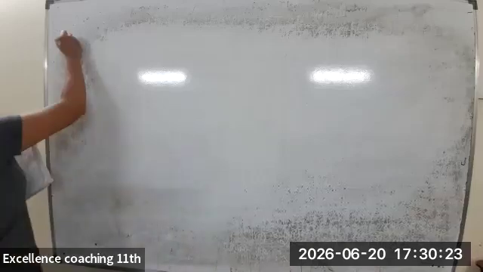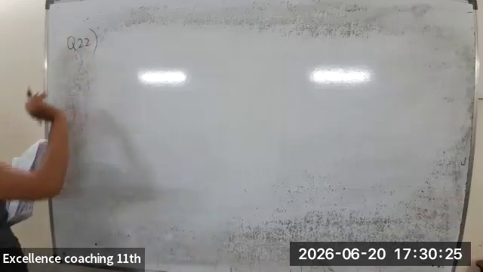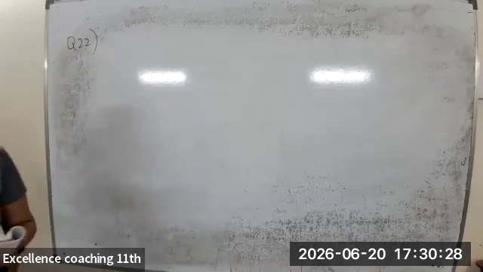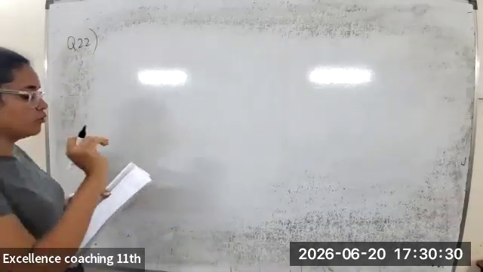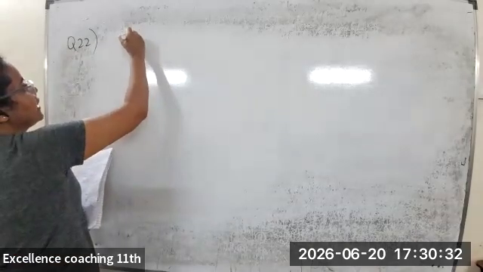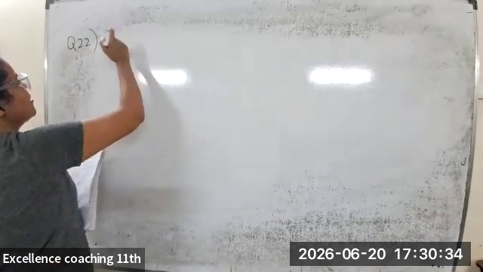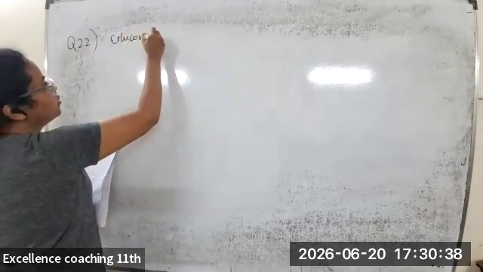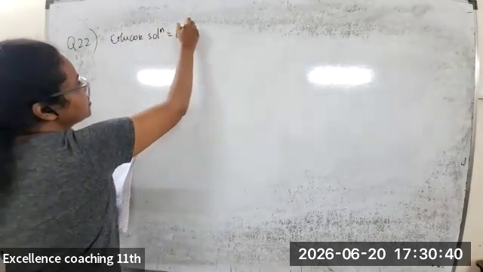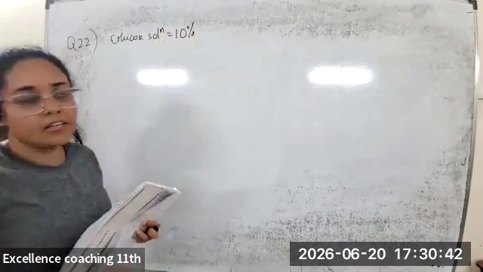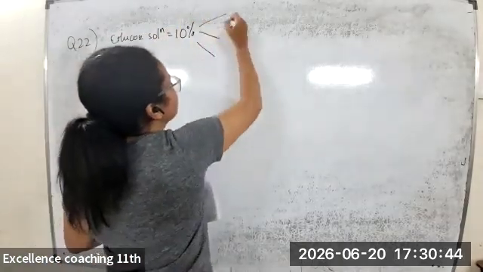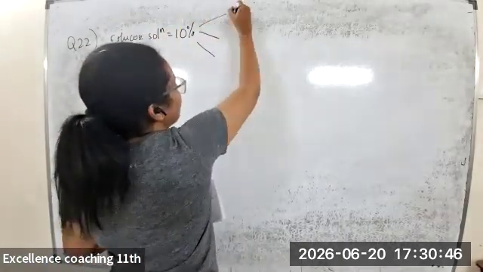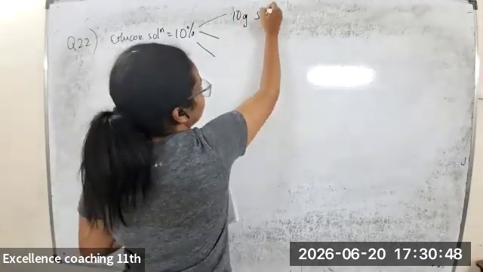Okay, so now you all have to tell me. I think the 22nd one. So now what information do we know? We are given glucose solution is 10%. Okay, I'll just write. Glucose solution is 10%. So what information do we get? That it is 10 grams. 10 grams will be your solute.